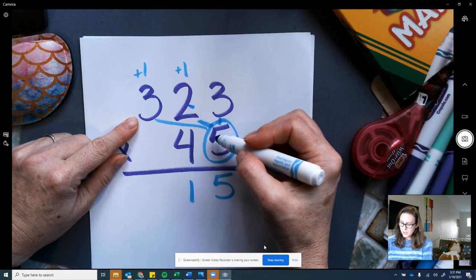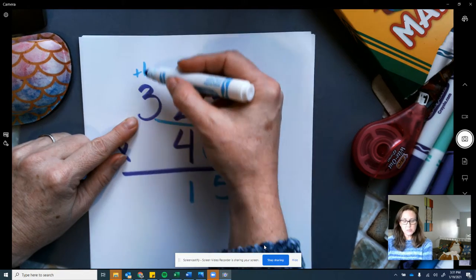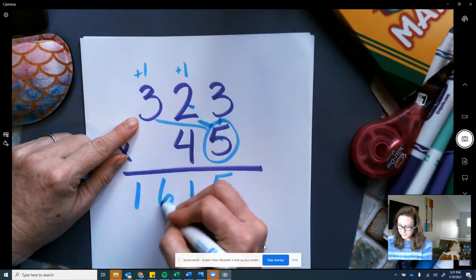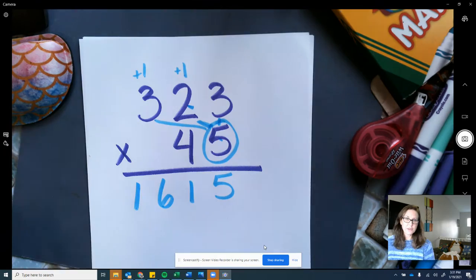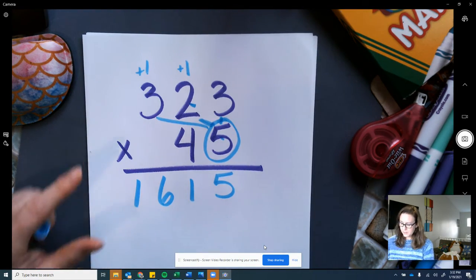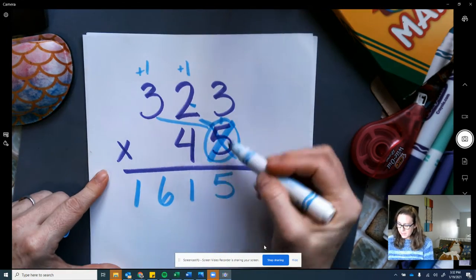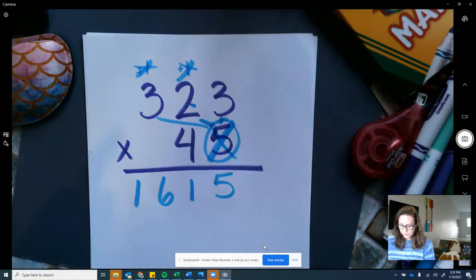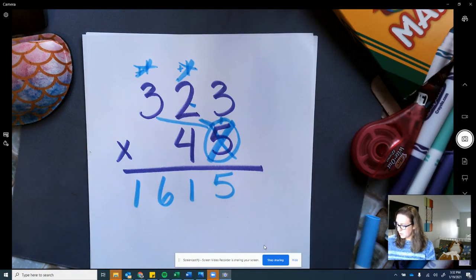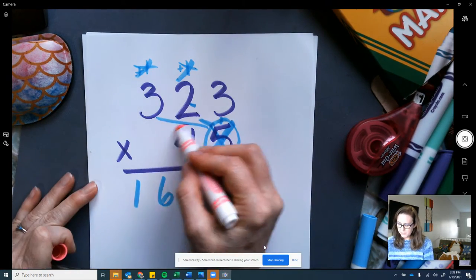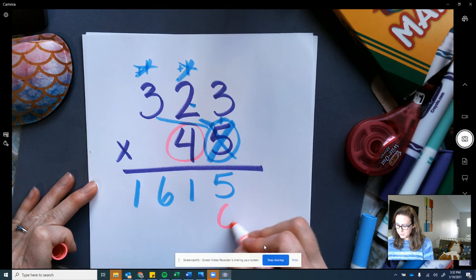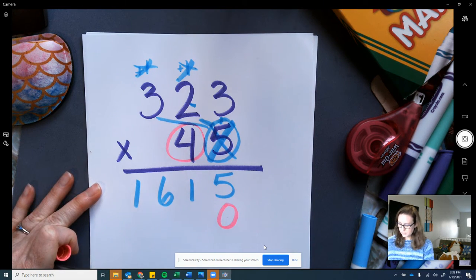Excellent. Okay. 5 times 3 is 15. Plus 1 is 16. I didn't have any place to carry that 1, so we just left it there. I'm done with my 5, done with that, and I've used those up. So now I'm on my 4. Remember, we have to put a placeholder. Okay.